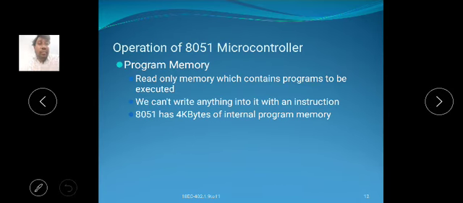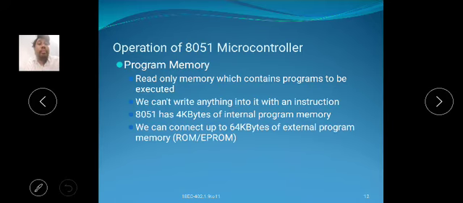The 8051 has 4 kilobytes of internal program memory. We can connect up to 64 kilobytes of external memory, that is ROM or EEPROM. Generally the 8051 has internal program memory of 4 kilobytes.